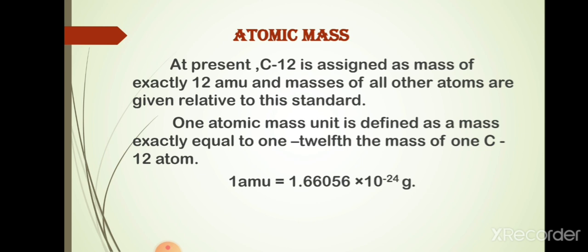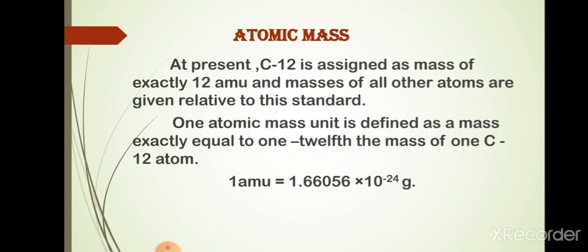On the basis of Gay-Lussac's findings, Dalton assigned the weight of hydrogen as 1. He used hydrogen as the standard for determining the masses of other elements. That is, in earlier times, the atomic masses of elements were assigned relative to it.